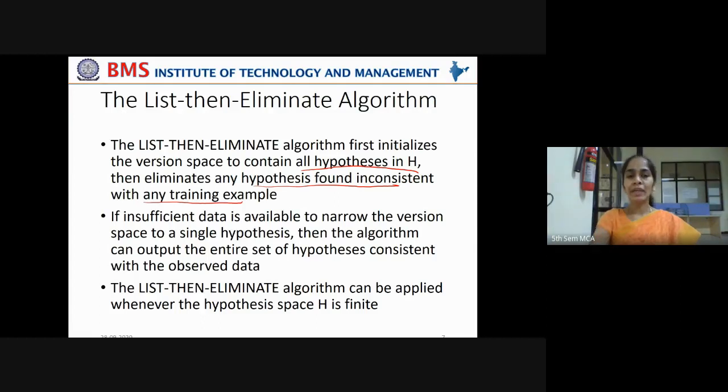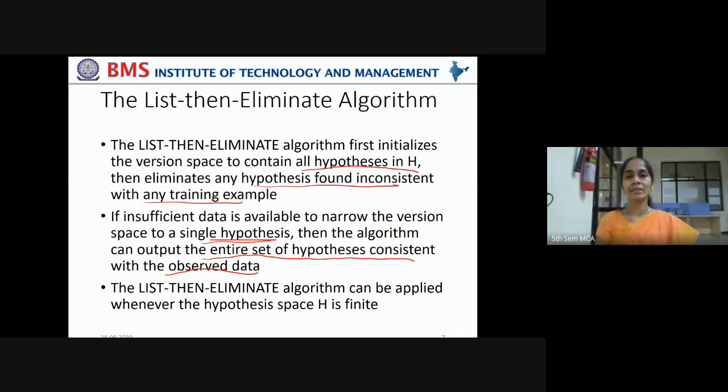If insufficient data is available to narrow the version space to a single hypothesis, then the algorithm can output the entire set of hypotheses consistent with the observed data.